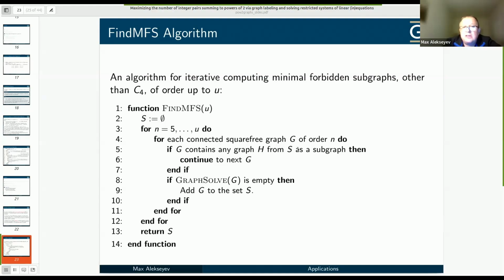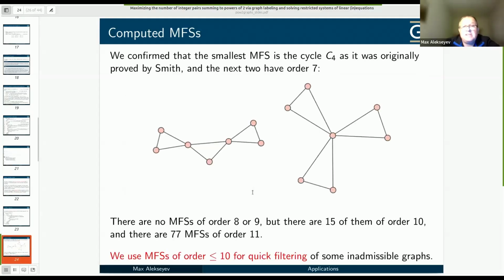Otherwise, it doesn't contain any subgraph from S, and we call our graph solve algorithm that I just explained. If it returns no solution, it means that we have an MFS and we add it to the set S. So very straightforward.